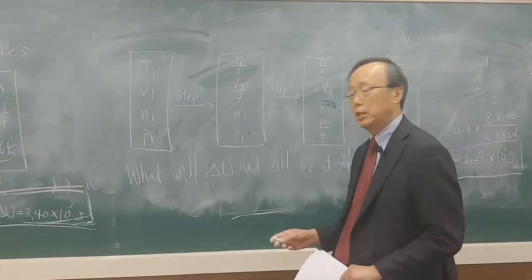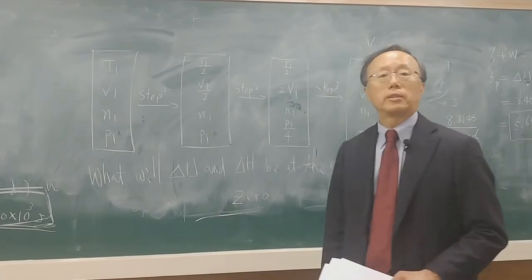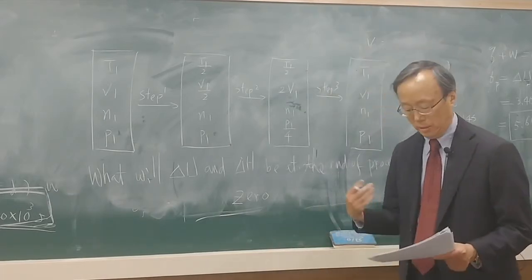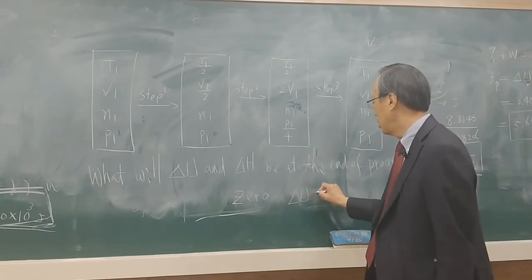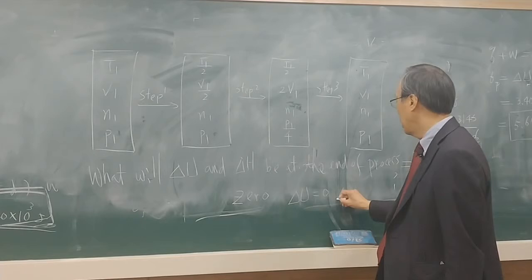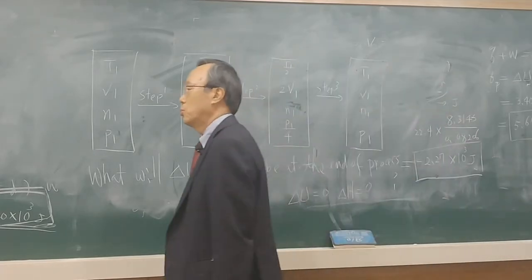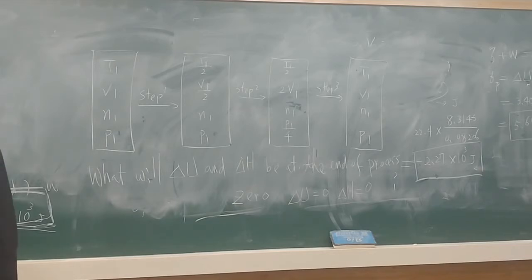The answer is 0. So delta U and delta H are both 0. Nothing. Delta U equals 0, delta H equals 0. Internal energy U and enthalpy H are both state functions.